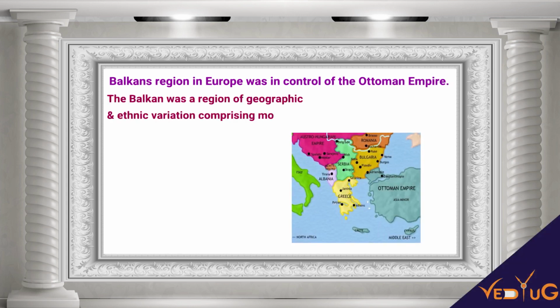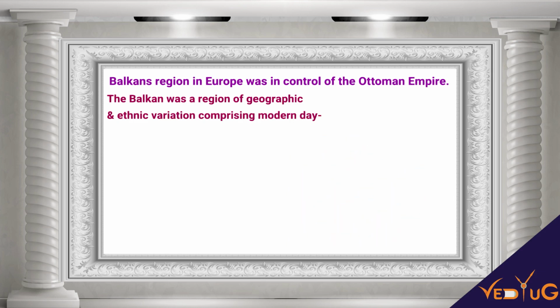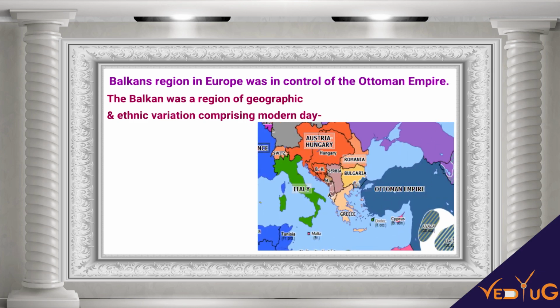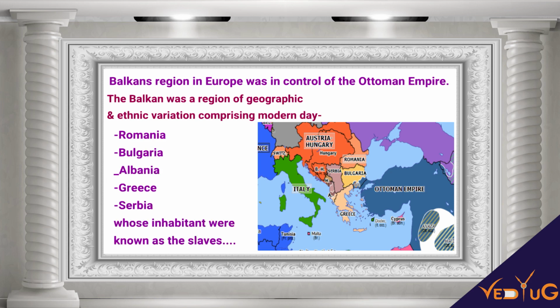At that time, the Balkan region of Europe was under the Ottoman Empire, and the Balkans were a region with a great extent of geography and ethnic variation. Residents of Romania, Bulgaria, Albania, Greece and Serbia were known as the Slavs. Now Slavs are a group of people who speak the various Slavic languages.